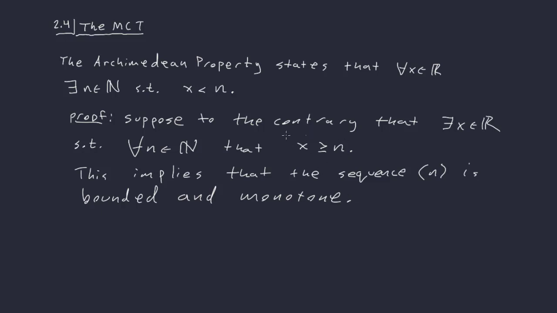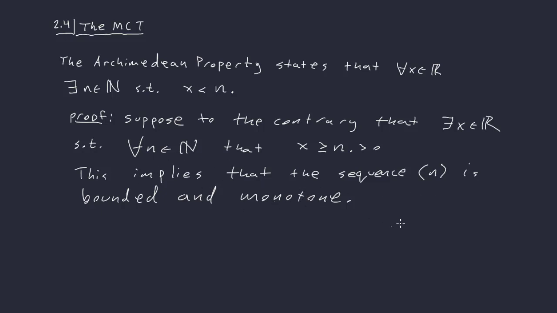Right? Because what we're saying is that if the Archimedean property is not true, then that means there exists an x in the reals such that x is a bound on all the naturals. Well, that means if we took the sequence of all natural numbers, that it's bounded by x and 0, right? Each n is also greater than 0, so it has bounds on both ends.